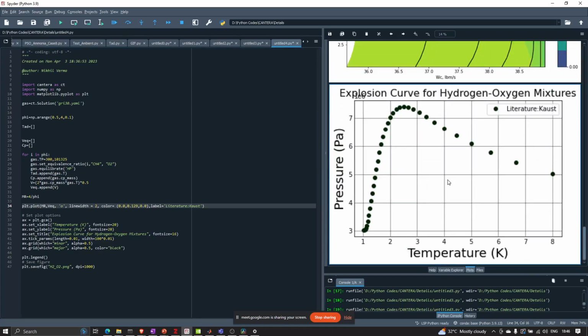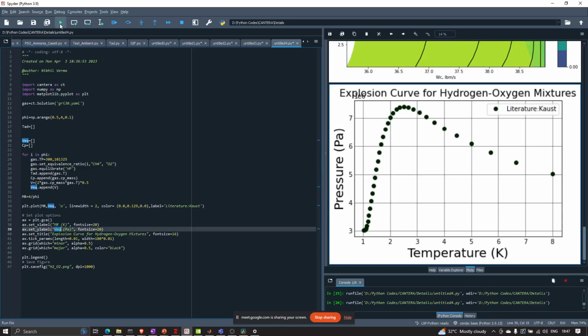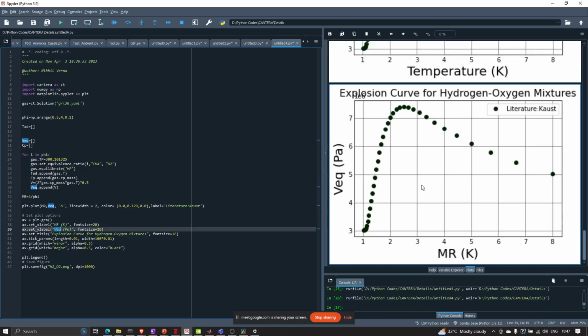I hope you can see this, no? Yeah, it should be mixture ratio and it should be V equivalent. This is V equivalent, gas.cp_mass, yeah.